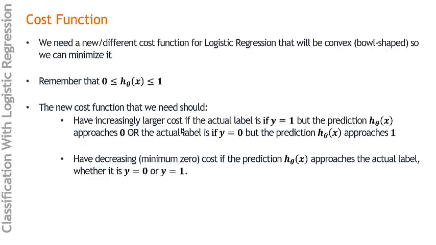On the other hand, if the actual label is 0, but the model gives you a large probability of the class being 1, then that also should give a large penalty, right? On the other hand, if the prediction is consistent with the label, we should have low cost.